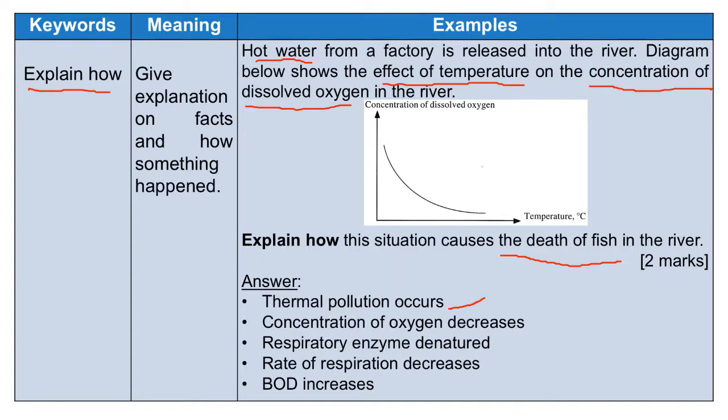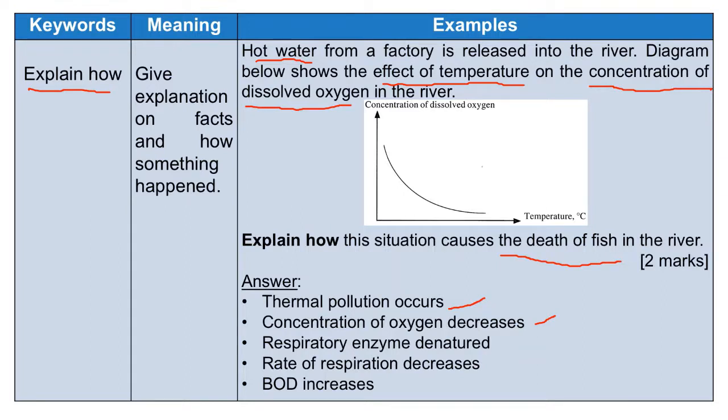Then, when the temperature of the river water increases, the concentration of the oxygen in the water decreases, which means there will be less oxygen in the water.